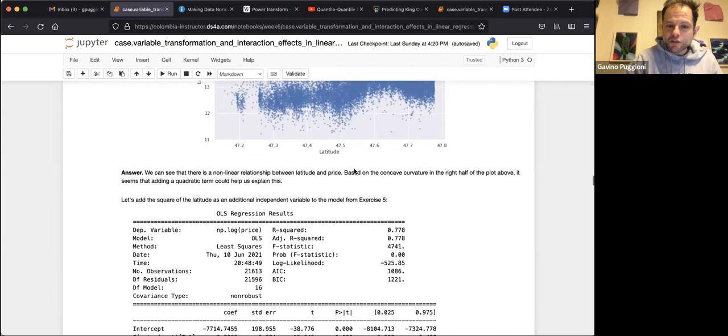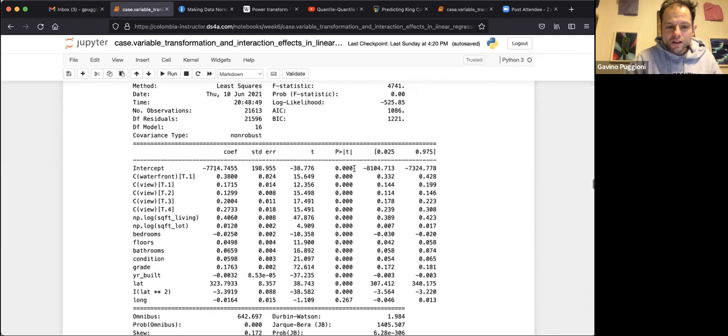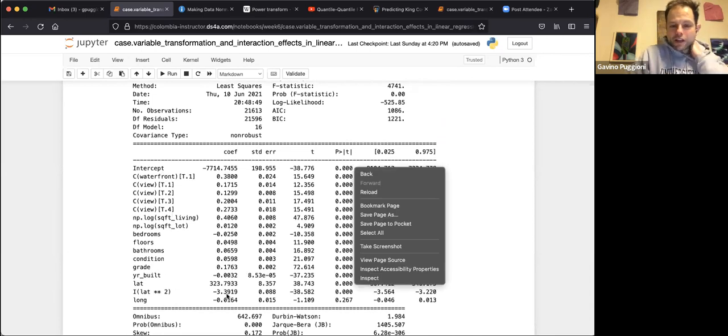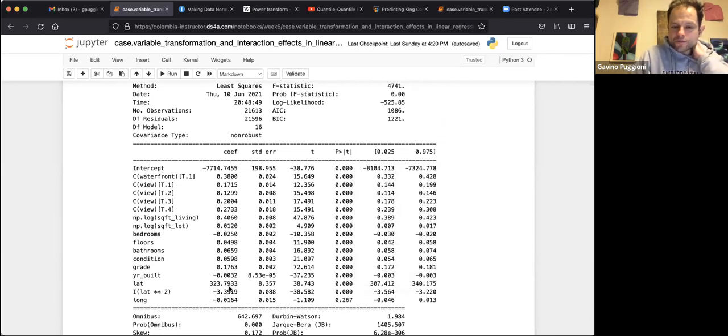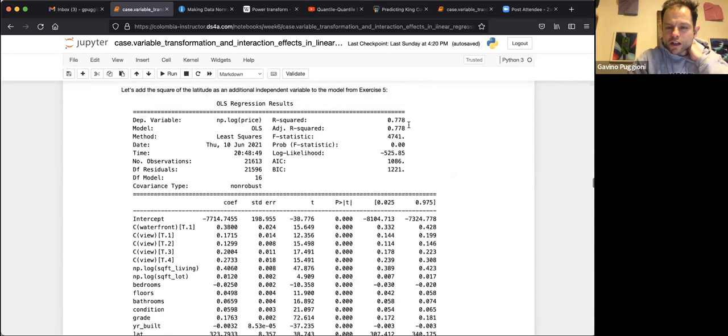So what happens if we add the square to the linear model? Well, obviously we expect a negative coefficient because we have a concave function. And yes, we find that this coefficient is highly significant. And R square, what happens to R square?